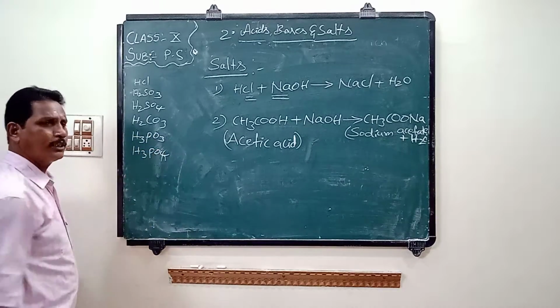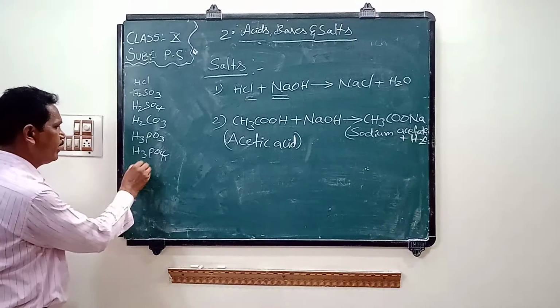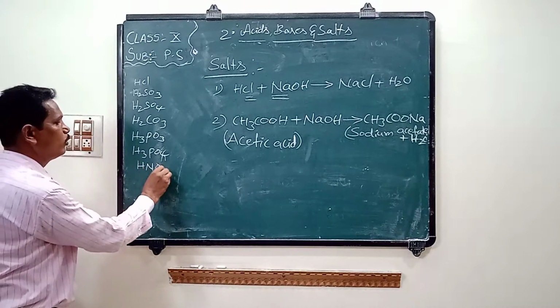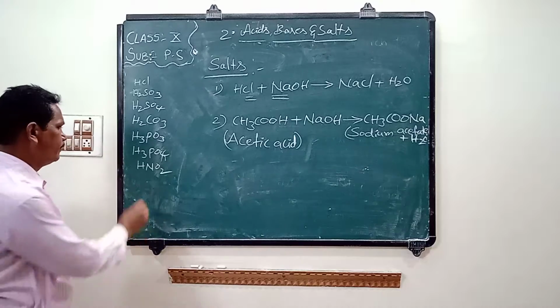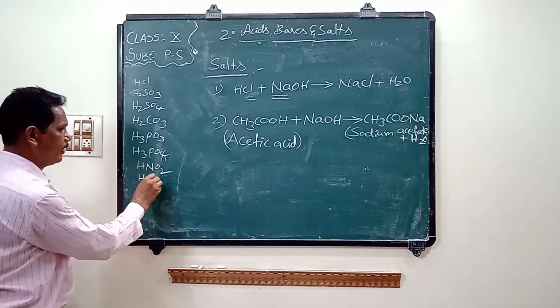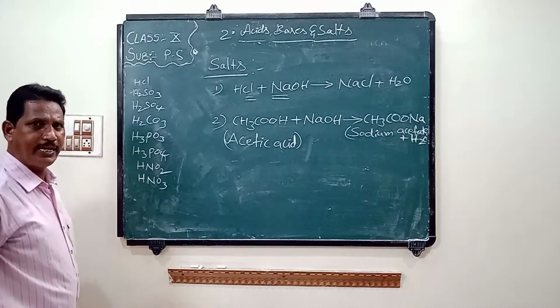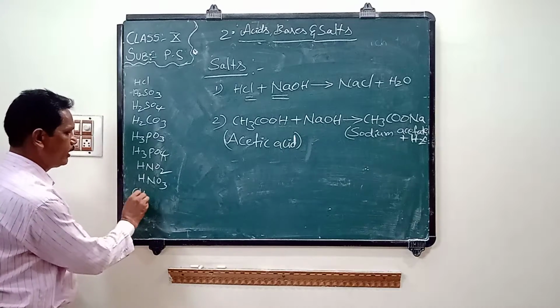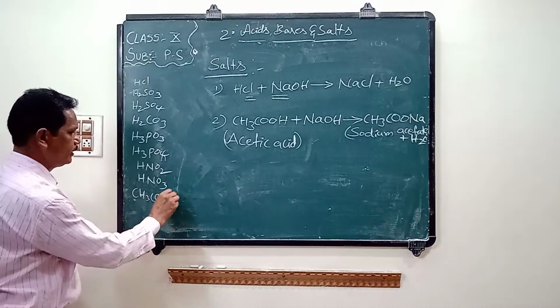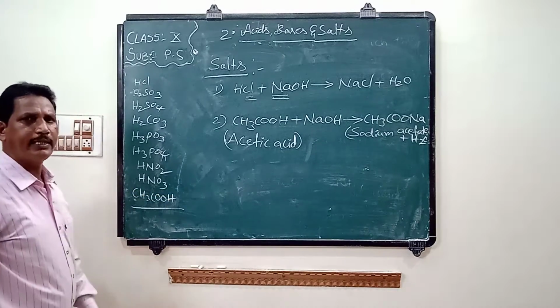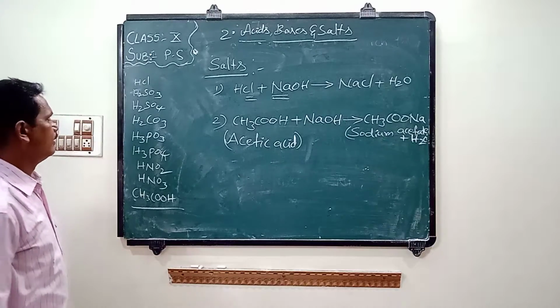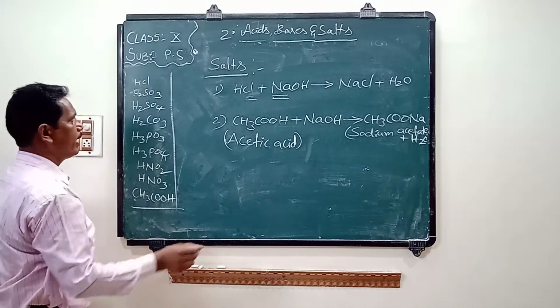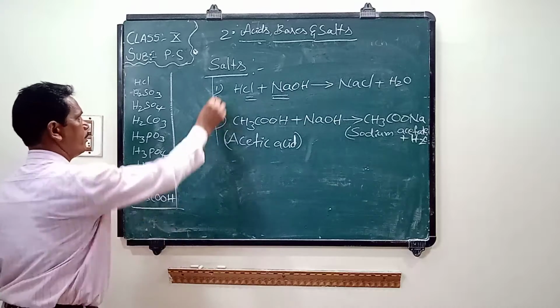H3PO4 is phosphoric acid. HNO2 is nitrous acid. HNO3 is nitric acid. CH3COOH is acetic acid, a weak acid. Some examples of acids. Some examples of bases.